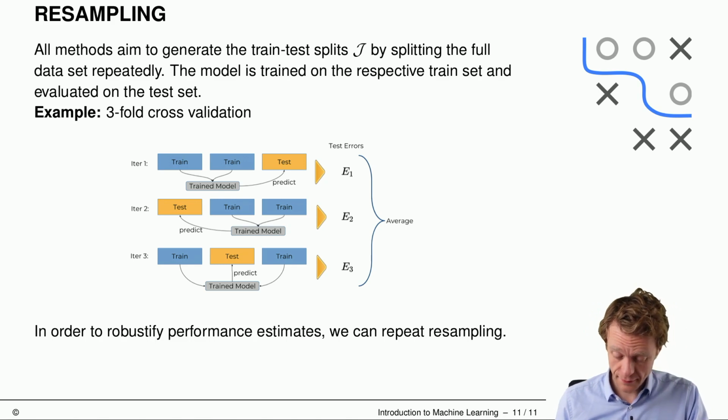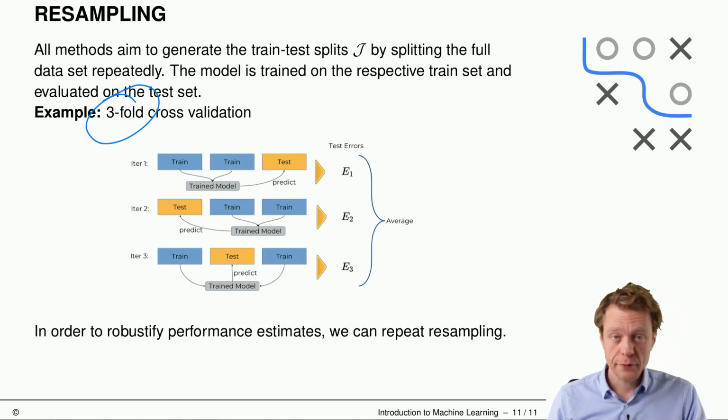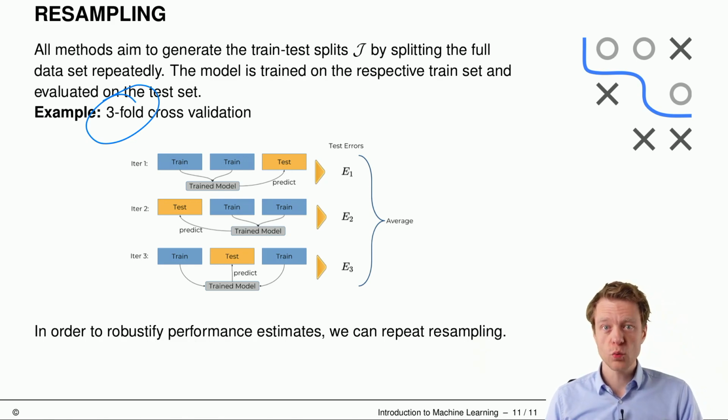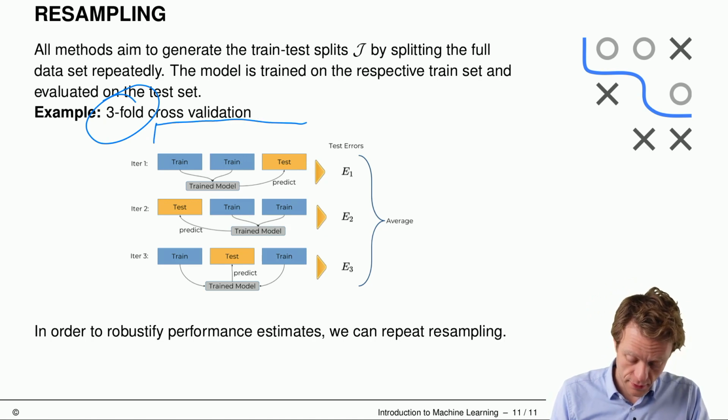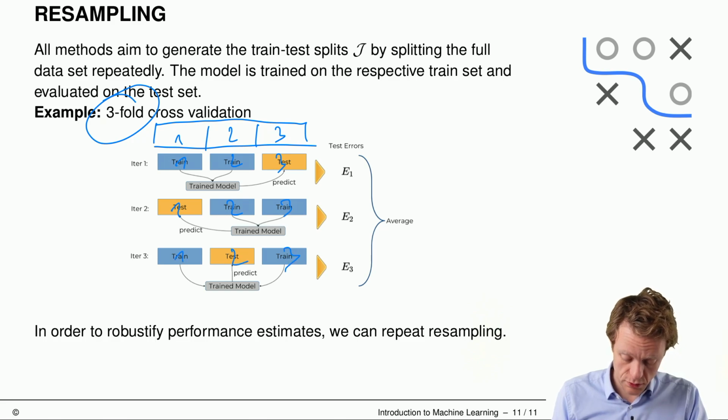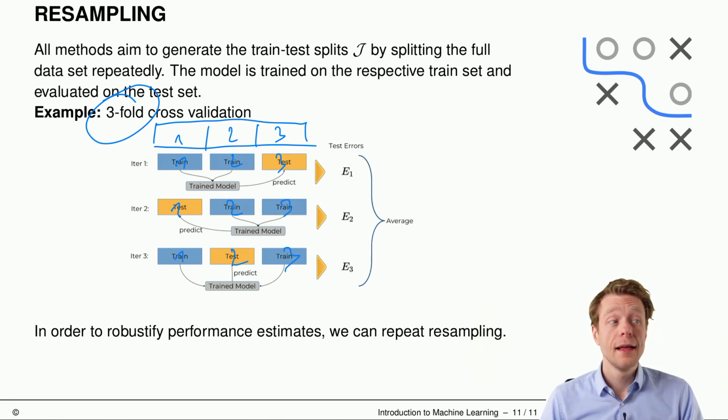So just as a first teaser, threefold cross-validation means we divide the data set into 3 parts. So let's say this is the entire data set. We divide this into parts 1, 2, and 3, which are used 3 times.